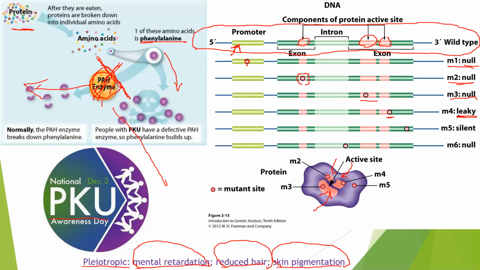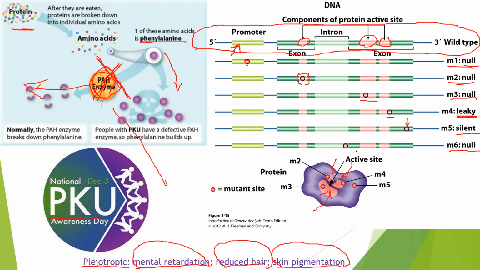So we call this kind of mutation a leaky mutation, because the mutation occurs at a not that critical region. For this one, the mutation occurs totally in an irrelevant region, so this will not affect the function of this gene at all. We will say this mutation is a silent mutation because you do not see any consequence from this mutation. And this one is also fatal.